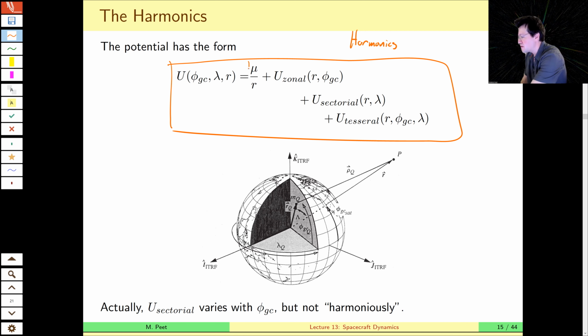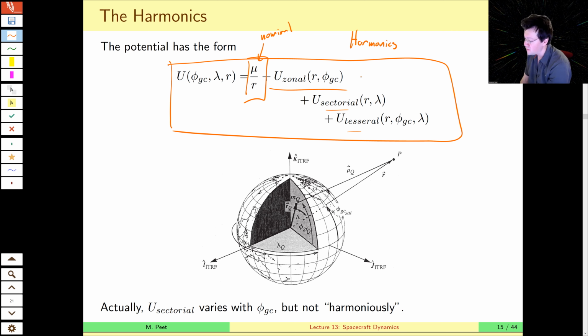And so, okay, we got our nominal. That's our nominal gravity, that mu over r gravitational potential that we used so often earlier on. So that's the nominal one. And then we've got the zonal harmonics, and we'll talk about what the zonal, sectorial, and tesseral harmonics are.